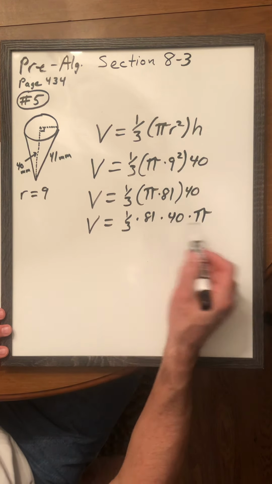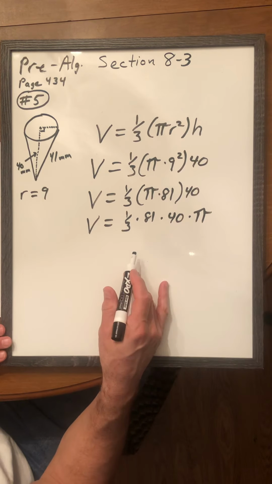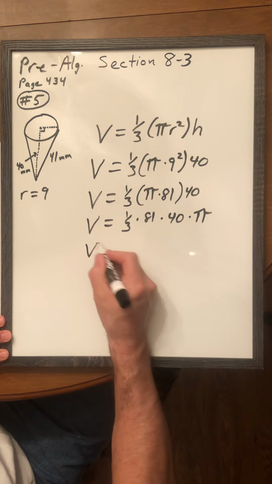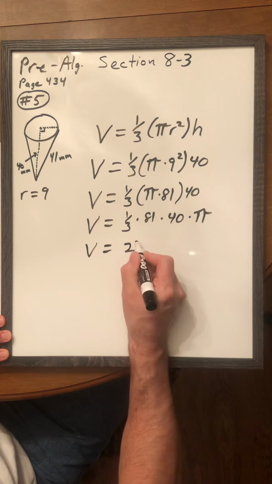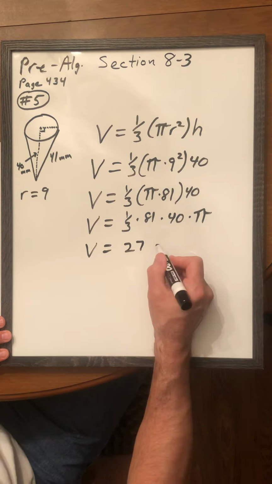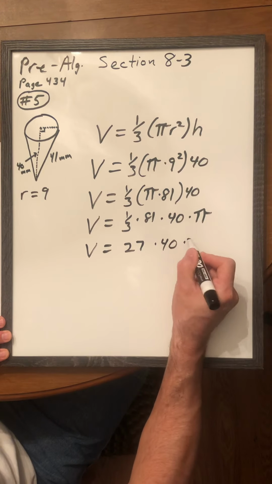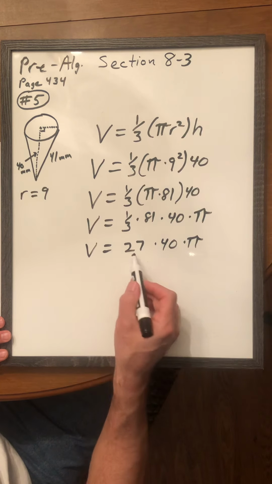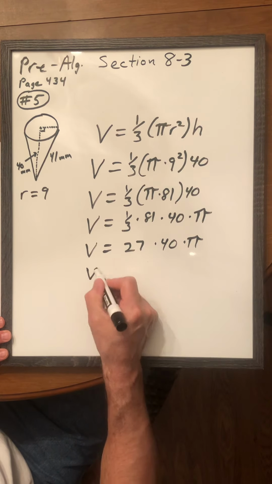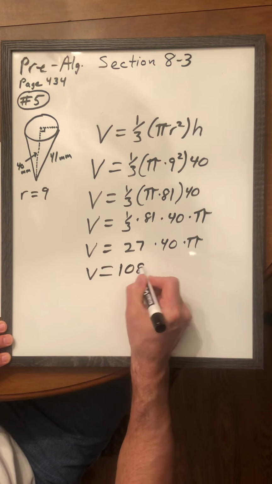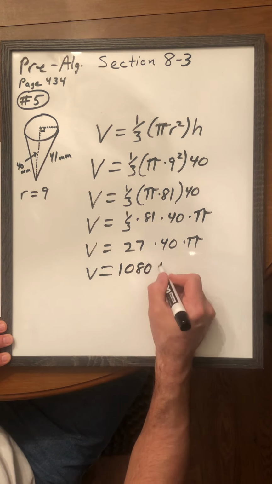Since 3 will go into 81, 1/3 of 81 is 27, which gets rid of the fraction. 27 times 40 is 1080, and then we have our pi.